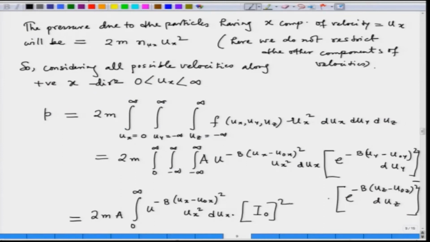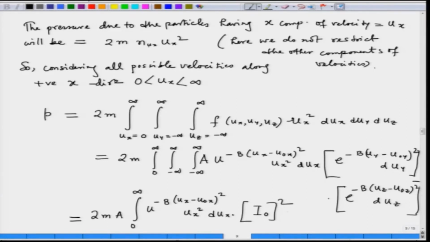And what are those integrations? They are the integrations over uy and uz. They are the same thing and they should look like integration minus infinity to infinity e to the power minus b (uy minus u0y) whole square duy, and also the same thing for uz.